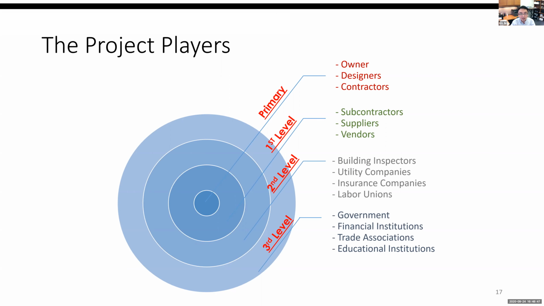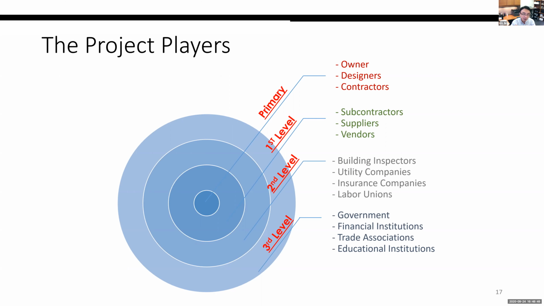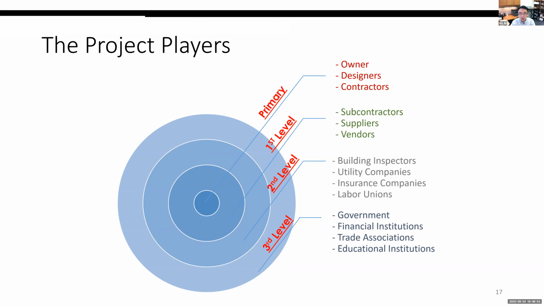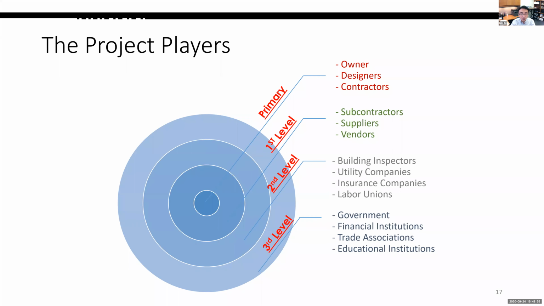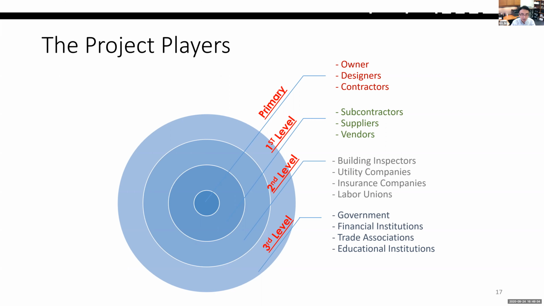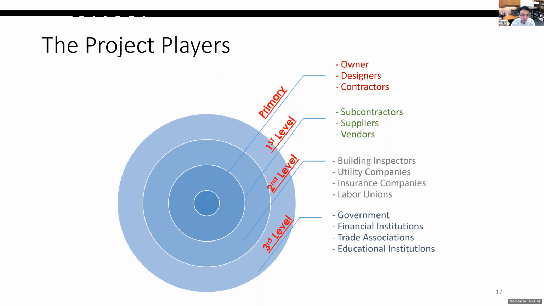But we also have inspectors. We have utility companies. Before a project, you need to call the utility companies to make sure the utility lines are okay. You also need temporary power support and temporary water support. That's all utility companies. Of course, you also need to deal with the insurance company, the bond company, and also labor unions.